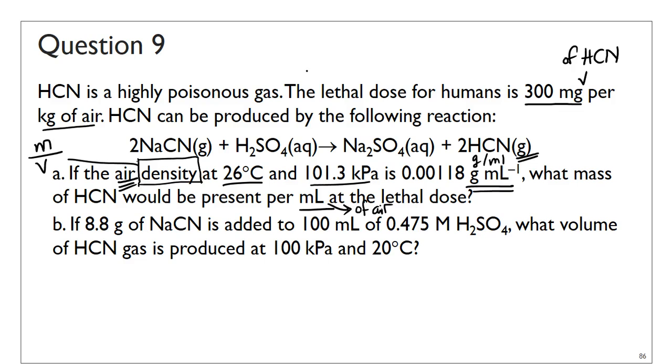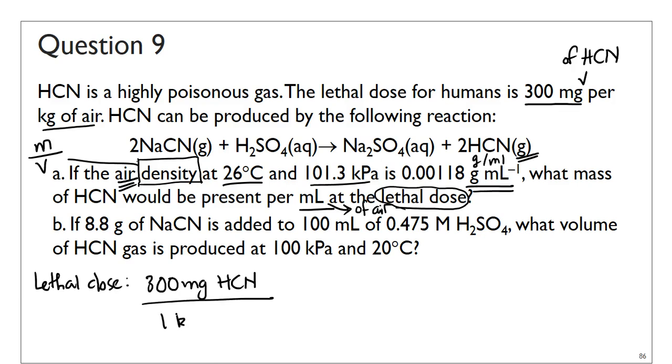Now, if you go back to the question, they tell you, oh, and then obviously is lethal dose. All right, so the lethal dose is 300 milligrams of HCN in 1 kilograms of air. All right, we are then given, I'm just focusing on part A at the moment, air density.